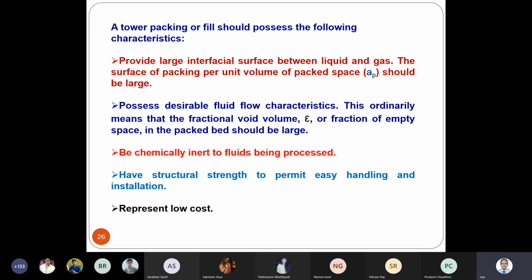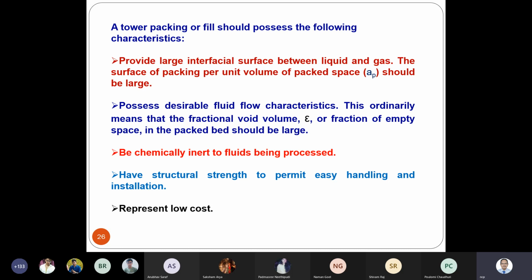And the first thing to consider is the interfacial surface. That is always important as we are considering interface mass transfer, right? So this packing material should provide large interfacial surface between liquid and gas. And this is the surface area of packing per unit volume of packed space, a_p, right?